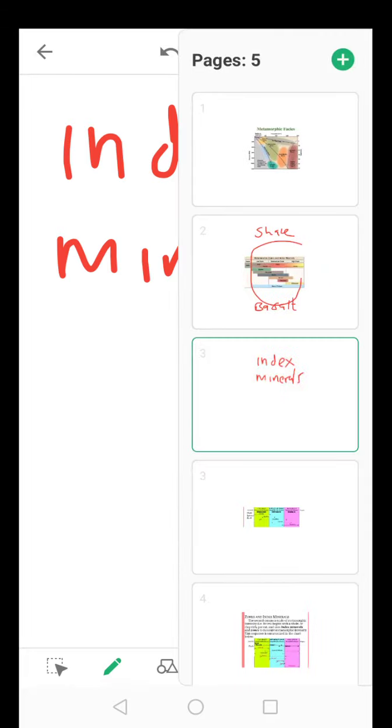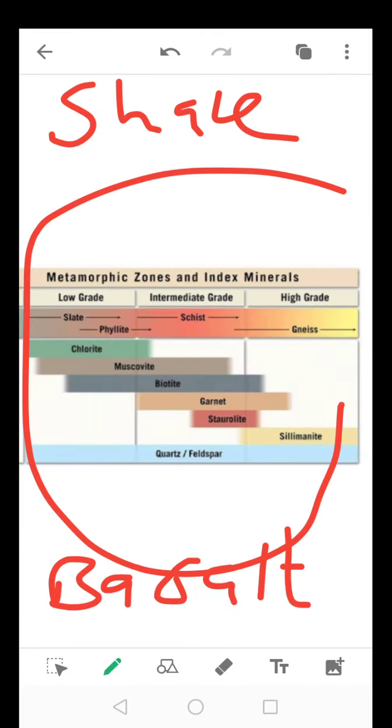Because in the example that I already gave you, we have the index minerals chlorite, muscovite, and biotite in the low grade.